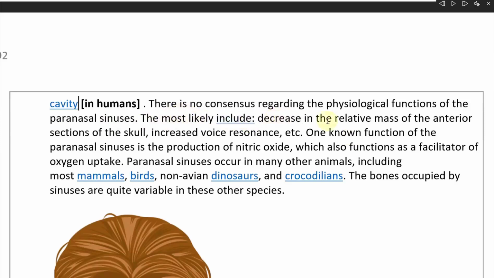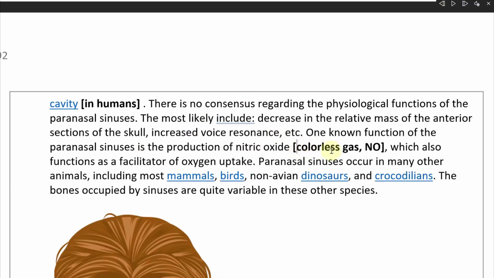The most likely include decrease in the relative mass of the anterior or front sections of the skull, increased voice resonance, etc. And one known function of the paranasal sinuses is the production of nitric oxide. See the pronunciation? Nitric oxide, which also functions as a facilitator of oxygen uptake.